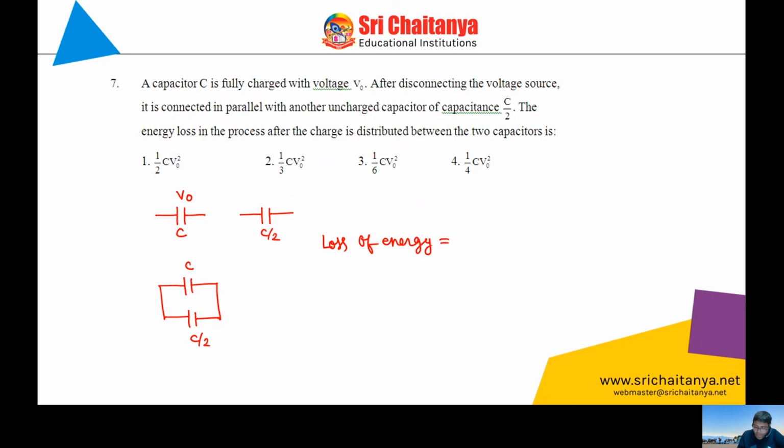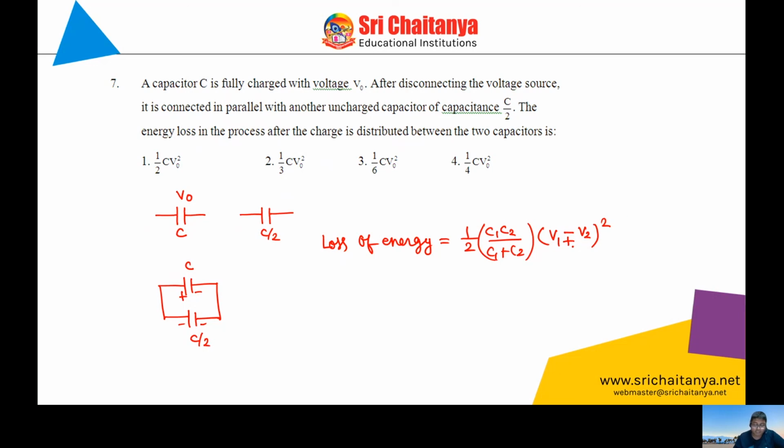If you connect two capacitors, the formula is half into C1 C2 upon C1 plus C2, into V1 minus V2 whole square. V1 minus V2 corresponds to when the polarity is the same, and if the reverse polarity is connected, then the formula will be V1 plus V2 whole square.